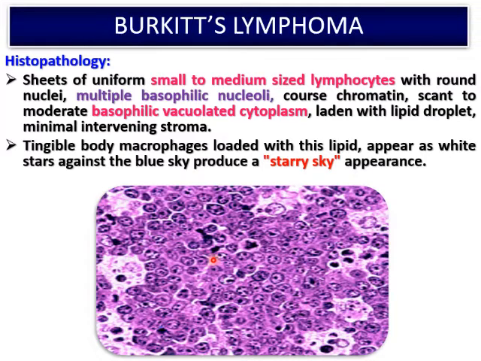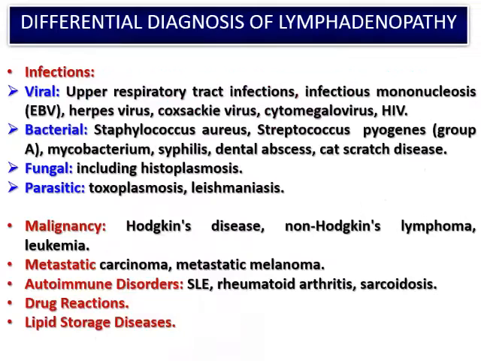Starry sky appearance means that I have the sky formed by the malignant bluish small lymphocytes and stars in the sky represented by the macrophages that engulf lipid droplets, so they appear as white stars against the bluish sky. So starry sky appearance is a very characteristic appearance for Burkitt's.